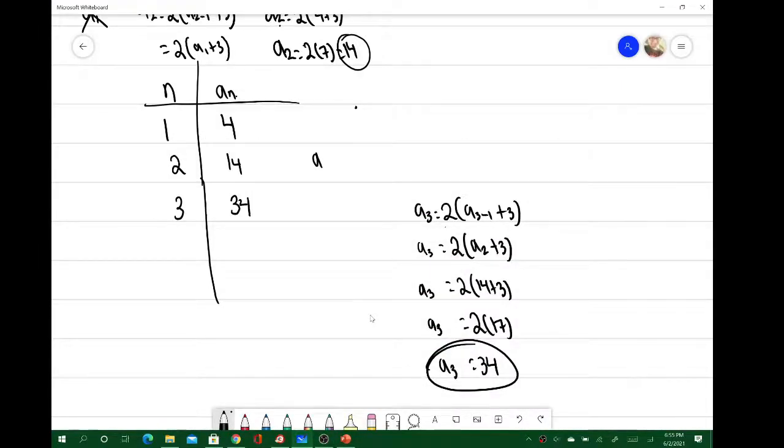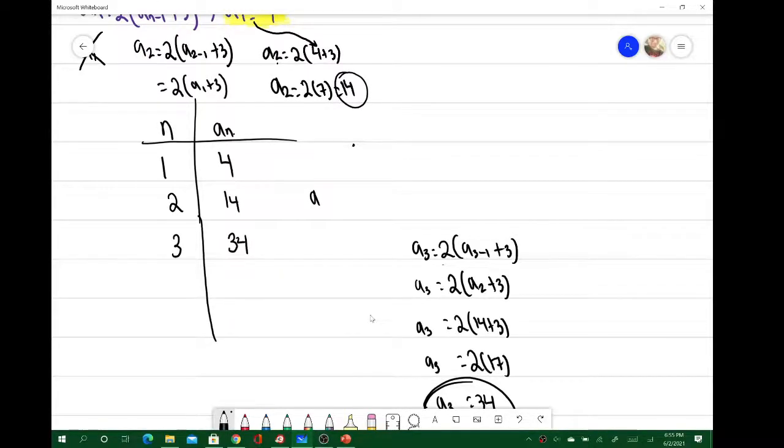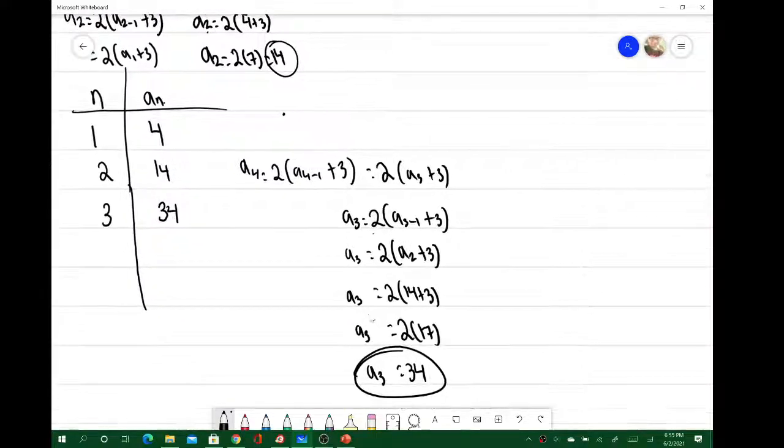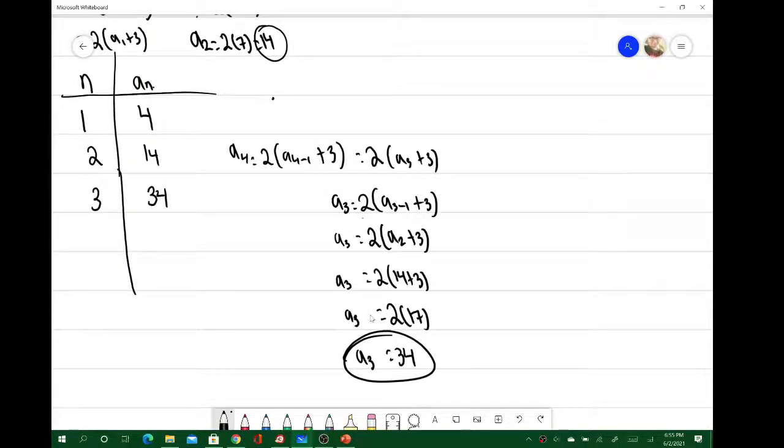Then you go to a sub 4. A sub 4 is going to equal 2 times a sub 4 minus 1 plus 3. This is equal to 2 times a sub 3 plus 3. And again, we know a sub 3 is 34.